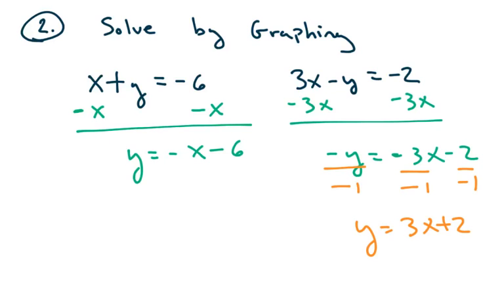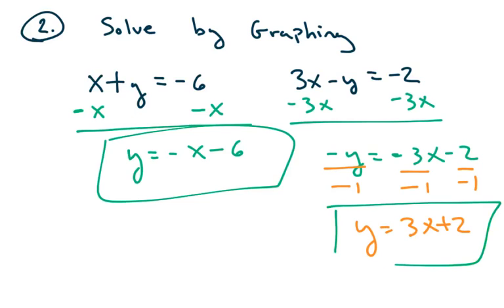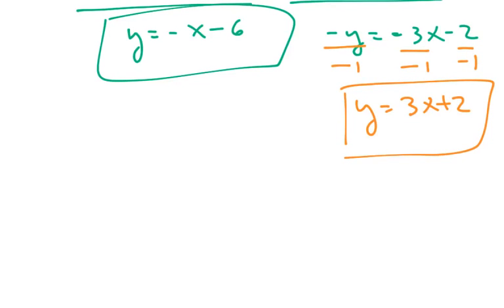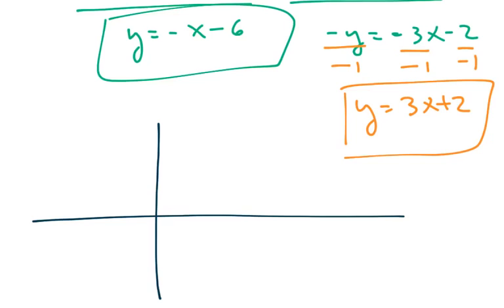So I have two equations: y equals negative x and y equals 3x plus 2. What do I do from here? Well, we like this format, y equals mx plus b, because to graph, all I have to do for the first one is start at negative 6, 1, 2, 3, 4, 5, 6, and the slope is negative 1 over 1, which means I go down 1 over 1, and my graph looks something like that.